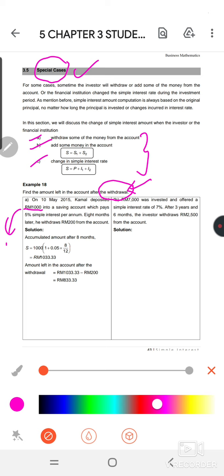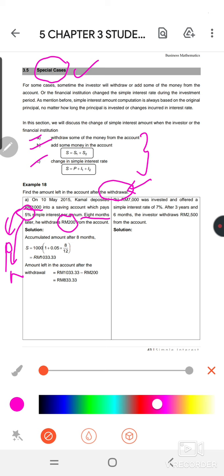So this one is your P. He deposited into a saving account which pays 5% simple interest. This one is interest rate R. 8 months later, he withdraws RM200 from the account. After 8 months, dia keluarkan 200.